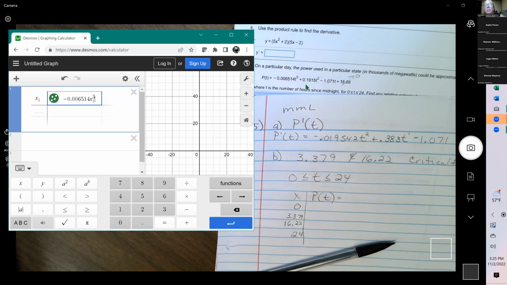That's this one. Plus 0.1915 X1 squared minus 1.071 x1. The biggest thing is making sure you remember your ones with your x's. 1868.